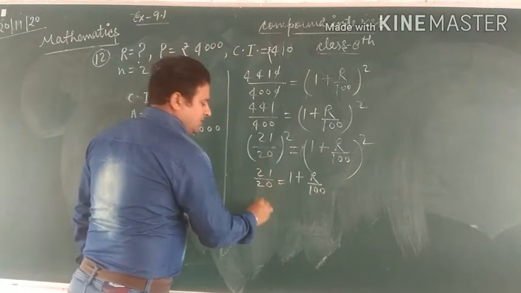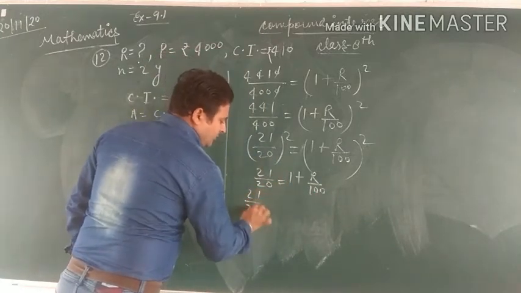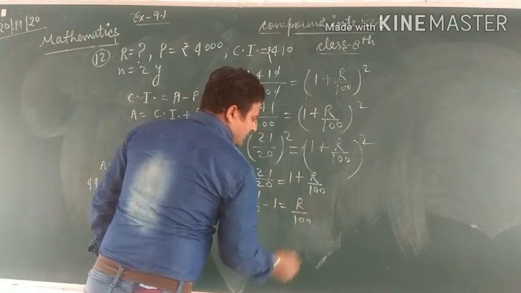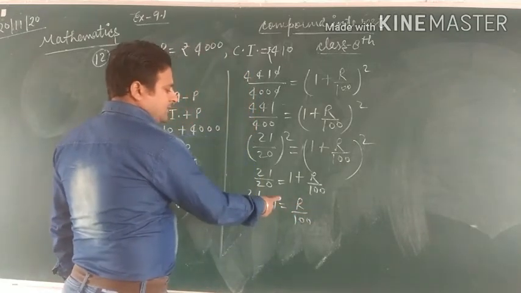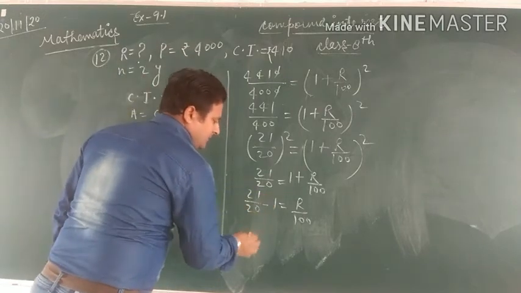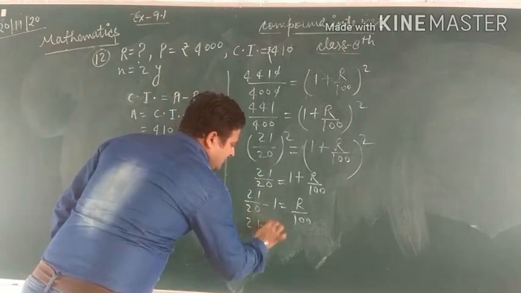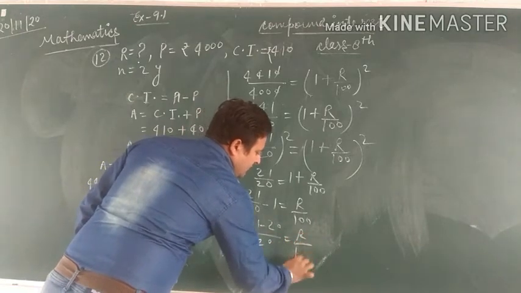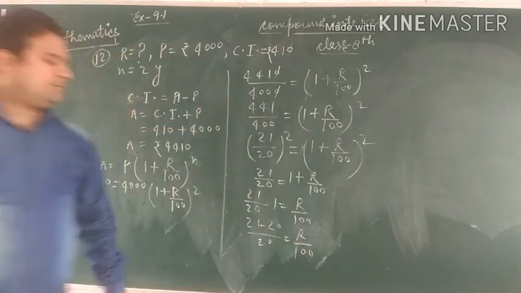We shall transfer 1 to this side. 21 upon 20 minus 1 equals R upon 100. So it will give you 21 minus 20 upon 20 equals R upon 100.